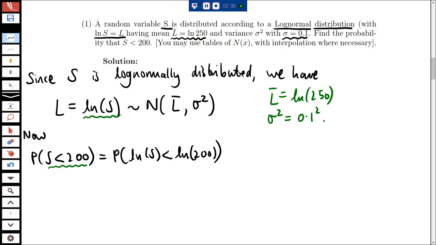Right, so we have log of S here, and we know this follows the normal distribution. So standard process, we're going to normalize.